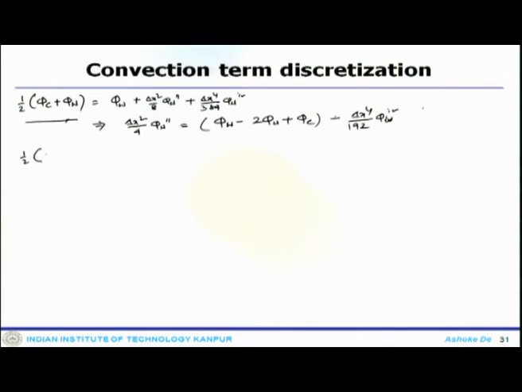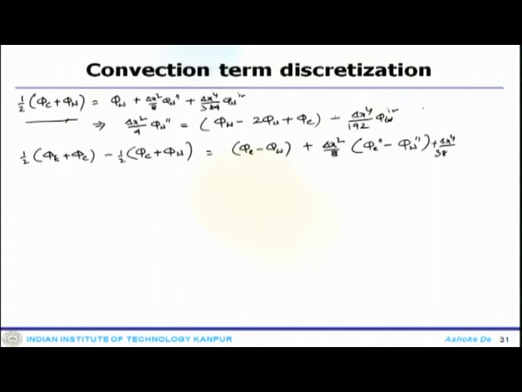So, what we get: phi e plus phi c minus half of phi c plus phi w is going to be phi small e minus small w plus delta x square by 8 times phi e double prime minus phi w double prime, plus del x 4 by 384 times phi e fourth derivative minus phi w fourth derivative.